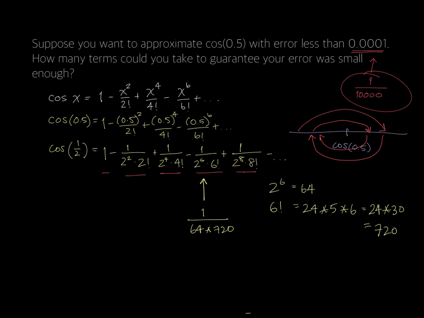For example, 64 is greater than 50, and 720 is greater than 500. So 64 times 720 would be greater than 50 times 500, which is 25,000.